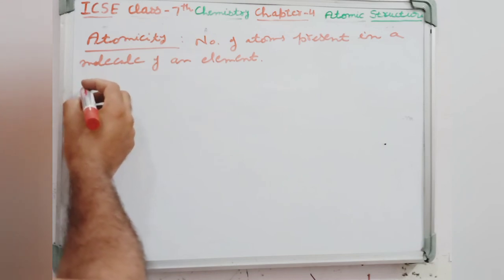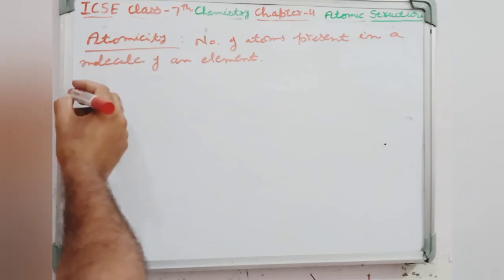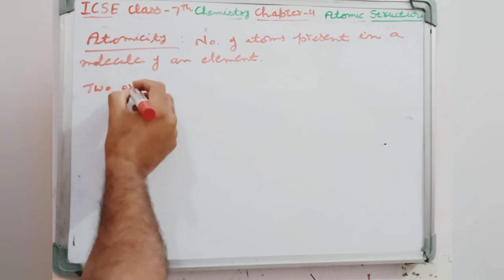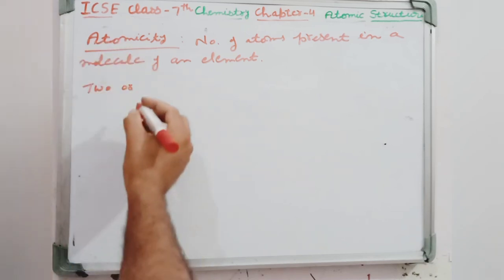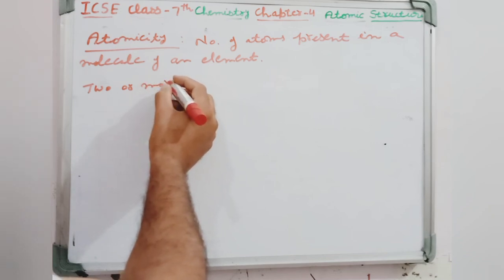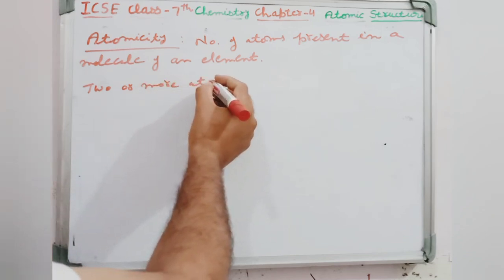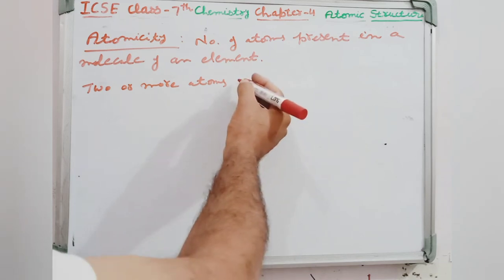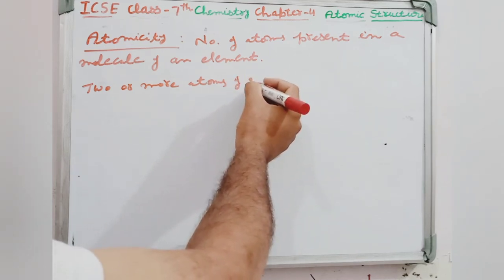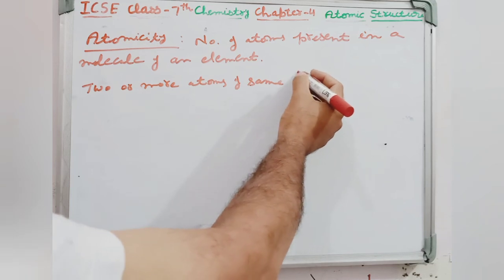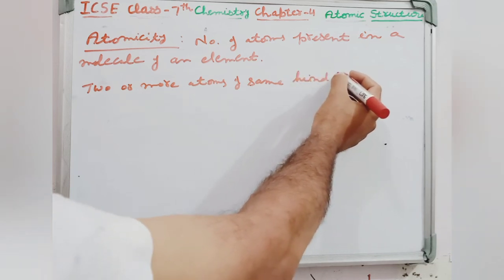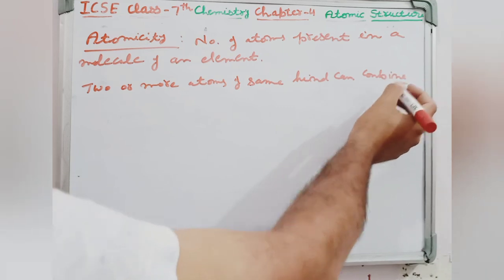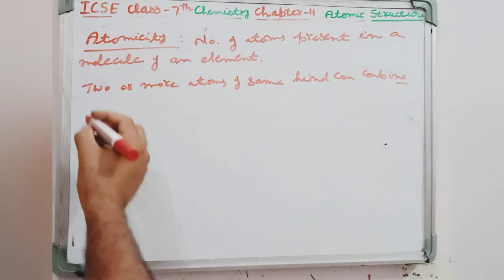Right? Now, this atomicity has further classifications. Two or more atoms of the same kind can combine to form what?